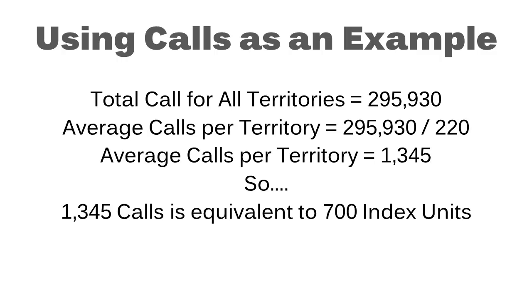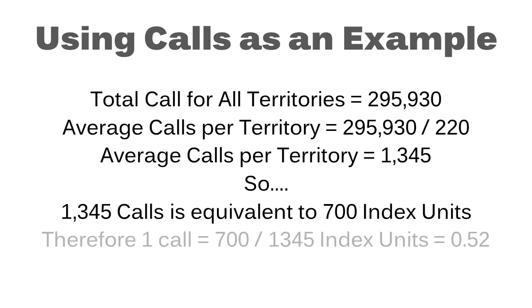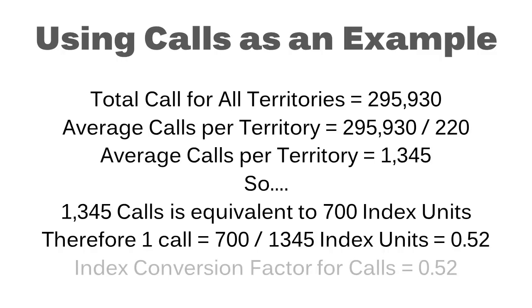So 1,345 calls is equivalent to 700 index units. Therefore, one call, rearranging the formula, is equal to 700 divided by 1,345, in other words 0.52. So therefore the index conversion factor for calls is 0.52.